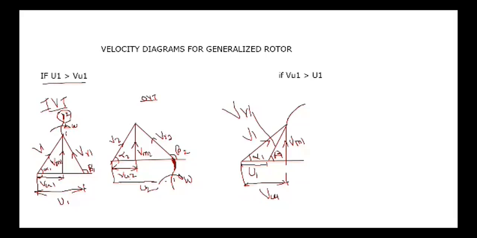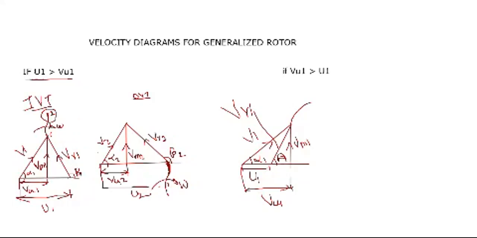If this is a blade shape like this, and the outlet velocity triangle is like this, at the outlet blade tip, if it is like this, draw here. Then this will be the... just a minute.